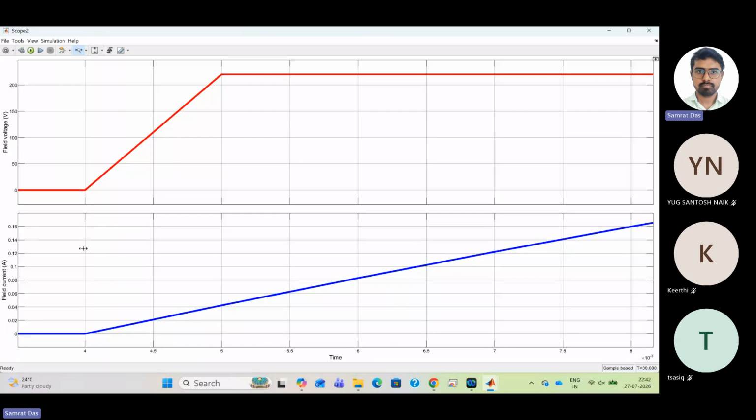So you can see that in this case of backward Euler, there is actually no lag between field voltage and field current because of the solution method or the solver type utilized. So it starts to rise exactly when voltage starts to rise. So it's actually a step, because no solution is being done between the two instants, and as soon as voltage has increased, right away current starts increasing as well.